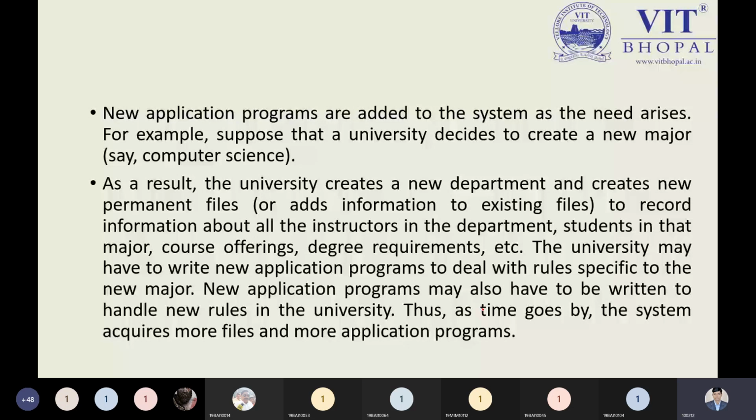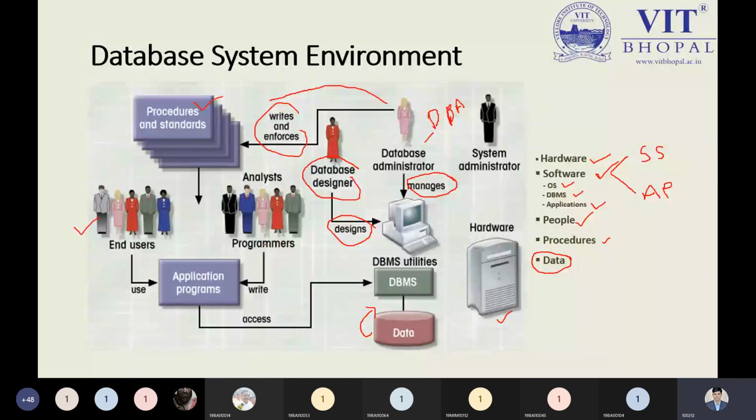As time goes by, the system acquires more files and more application programs. So according to need, you write specific programs, and who will write the program? You can see from this part, the programmer. The programmer will write the program to access such information. While filling in any application form online, do you have any right to access all the details of other students or other people?